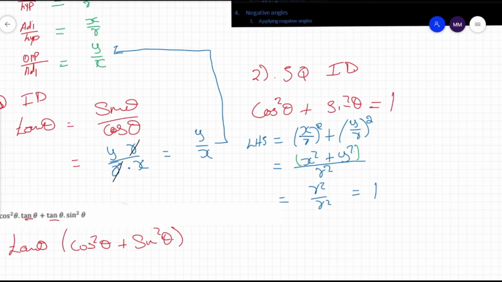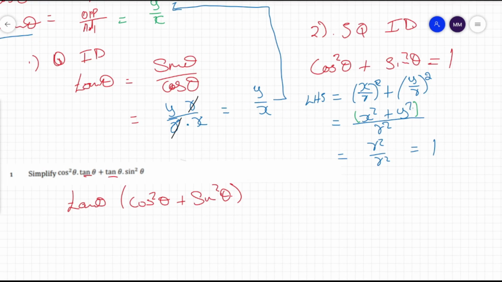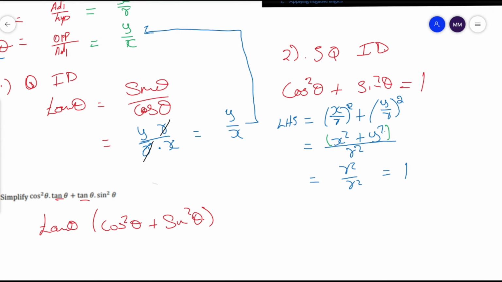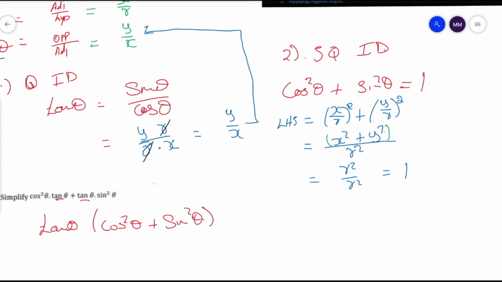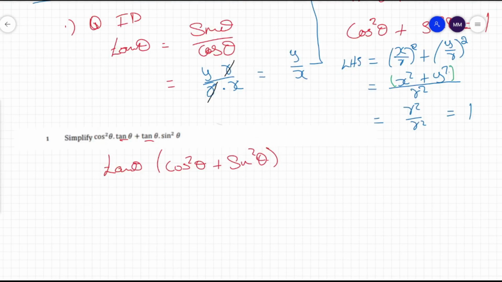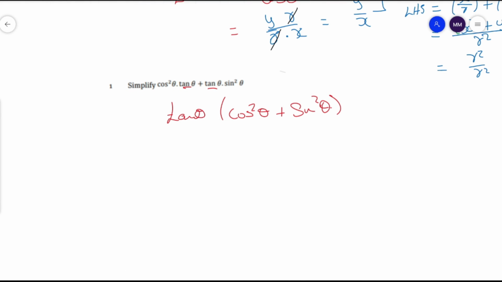And we know that the square identity says that cos squared theta plus sine squared theta will give you 1, and therefore our answer becomes tan theta, because this here is 1.